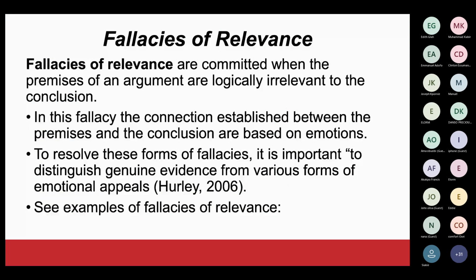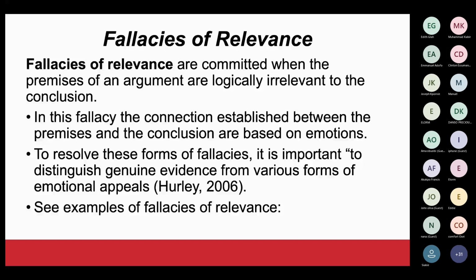All right. So as I have said, with the fallacies of relevance, you are committing the fallacy when the premises that you state are not logically relevant to the conclusion. In other words, there is no relationship between the premise and the conclusion.